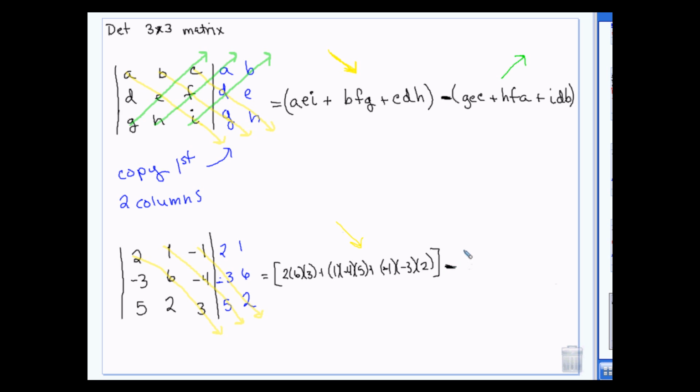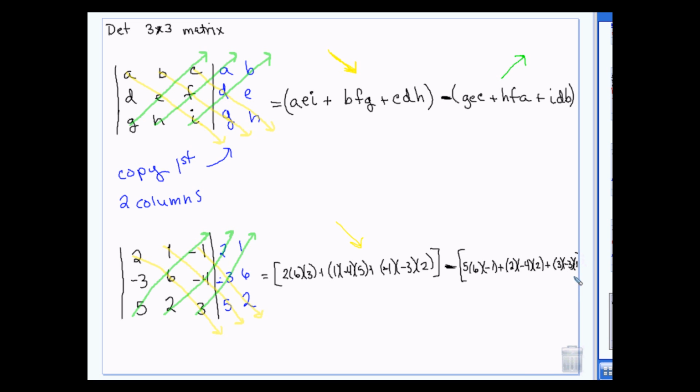And then from that, I'm going to subtract green, going up. So I'll have 5 times 6 times negative 1, and then 2 times negative 4 times 2, and 3 times negative 3 times 1.